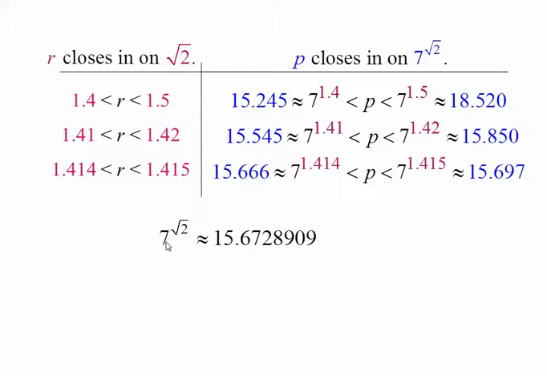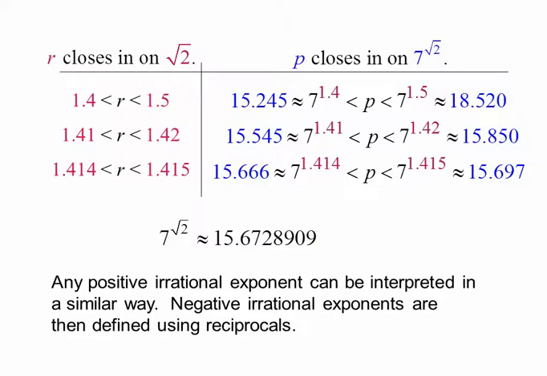We're basically taking 7 and raising it to these two numbers. Okay? So any irrational exponent can be interpreted this way. In other words, by getting closer and closer to a good rational approximation of the exponent. And when we have negative exponents, we're just going to use reciprocals like we always do.